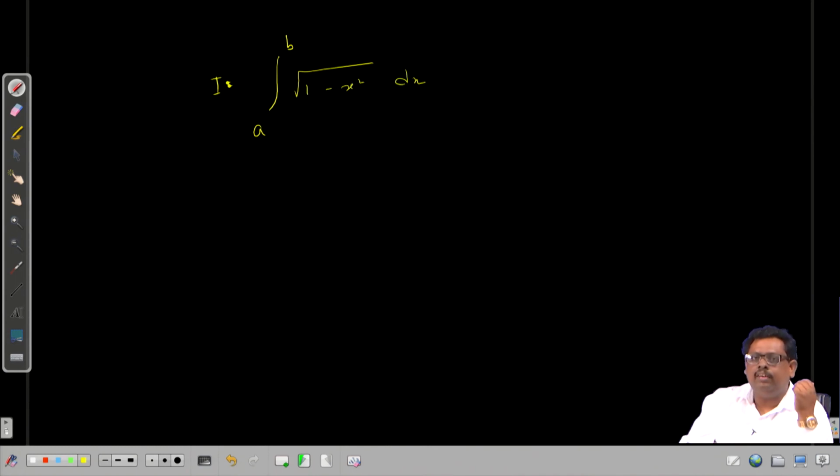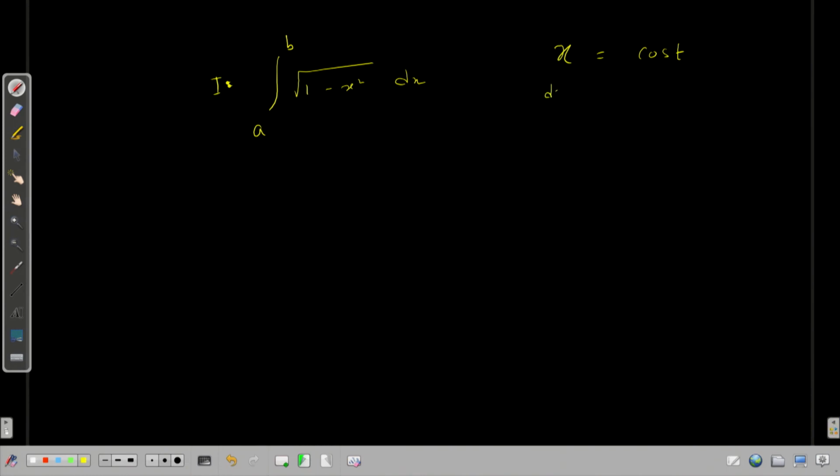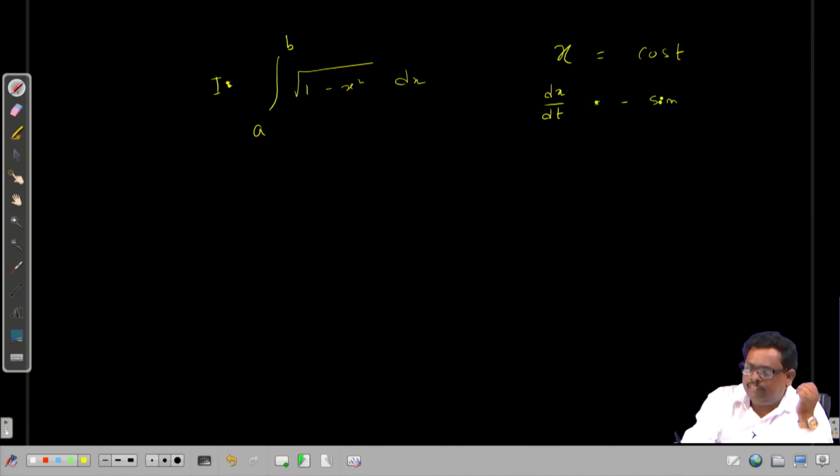So, what you do, if you remember, is take x equal to cos of t, and then you compute dx by dt, which is nothing but minus sin of t.